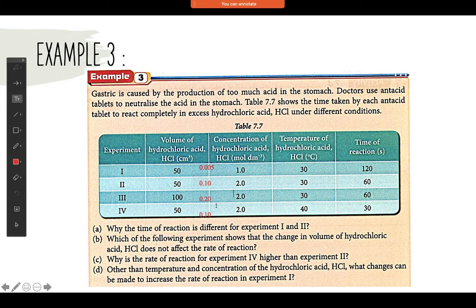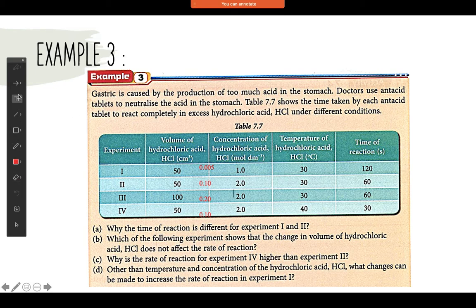Okay, ini adalah number of mole untuk setiap hydrochloric acid used. Okay, ini adalah temperature dia. So untuk eksperimen 3, dia akan produce number of mole double than eksperimen 2. Jadi kalau kita tengok graph, number of mole ni dekat belakang ending of the graph. Tapi temperature sama. Jadi time taken pun sama juga.